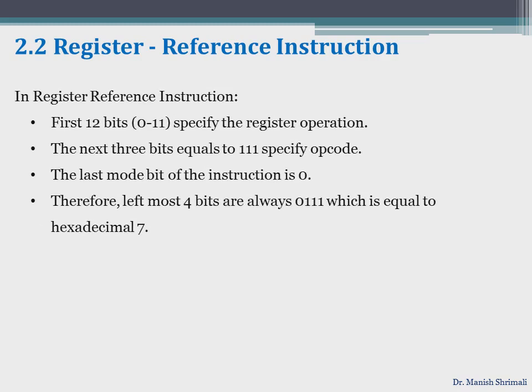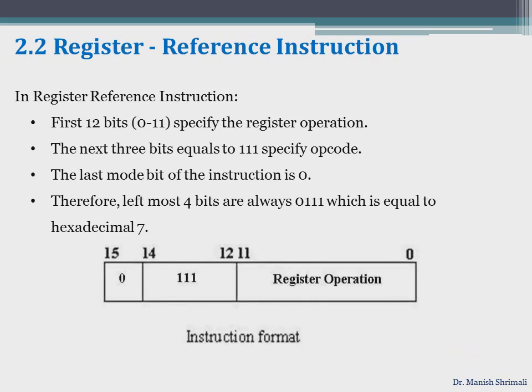Now let us discuss the register reference instruction. In the below diagram, there are 12 bits, from 0 to 11, which are reserved for the register operation, and the next 3 bits, that is 12, 13 and 14, from 12 to 14, are the opcode part, which specifies the opcode.